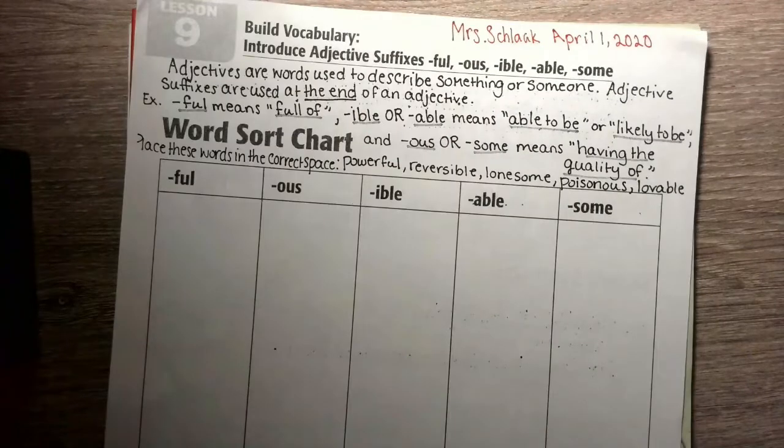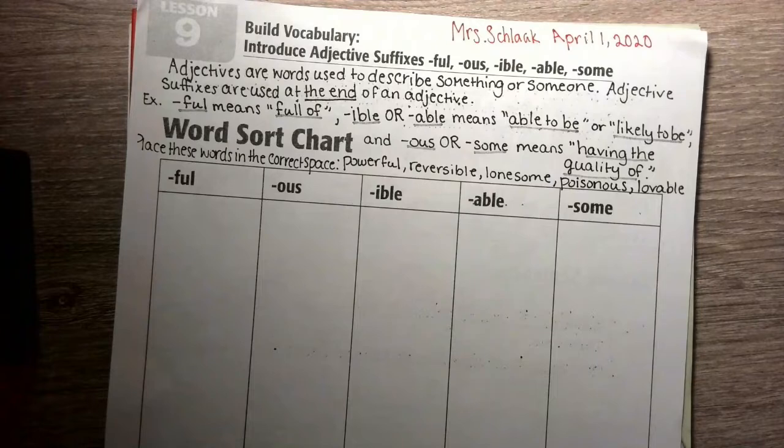An adjective is a word that describes something or someone. So think of words like beautiful, or exciting, or crazy. These are words that describe something or someone.